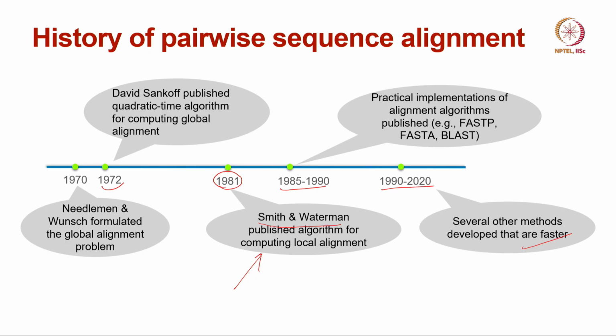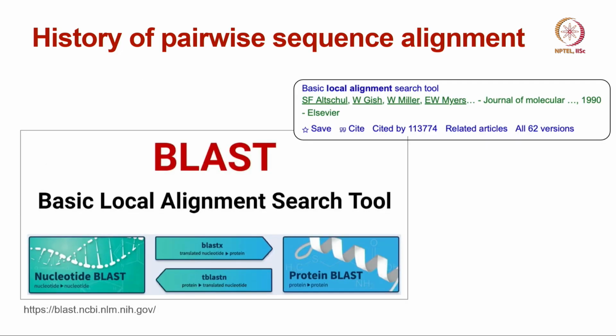Now, I want to emphasize that local alignment problems are very important in biological sequence analysis. If we look at just one example, one of the most popular local alignment search methods, this method basically uses local alignment. If you give it a sequence, it will do a local alignment of that sequence against a very large database of genomes and other repositories.